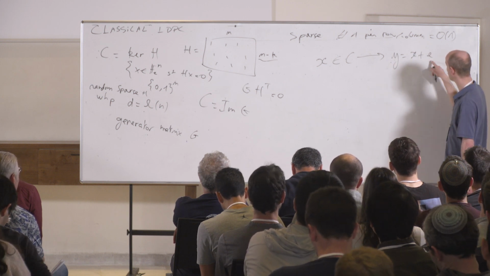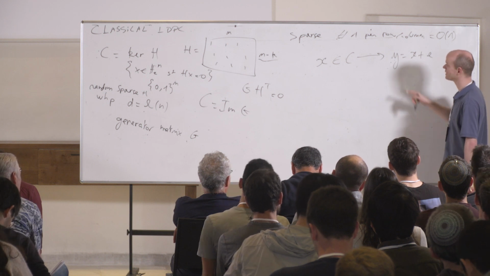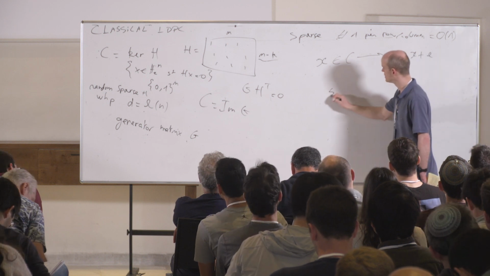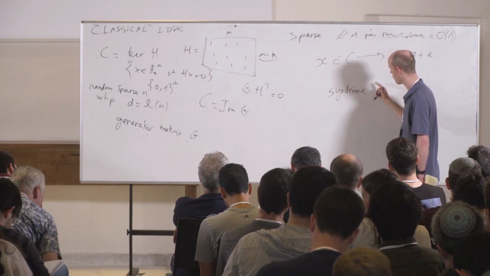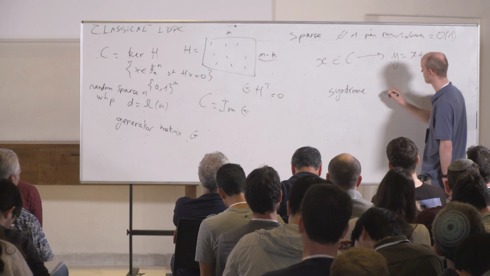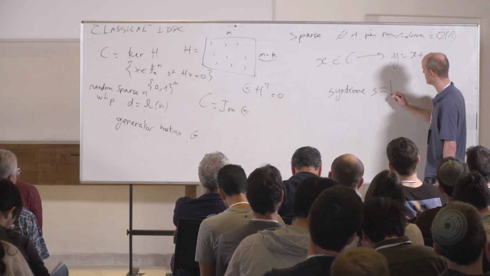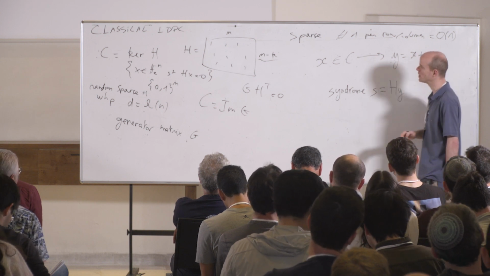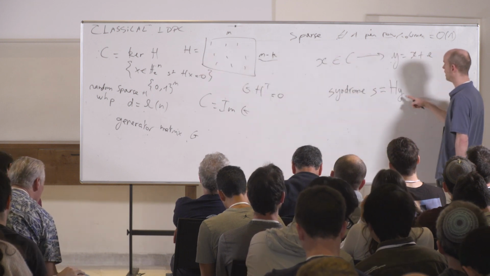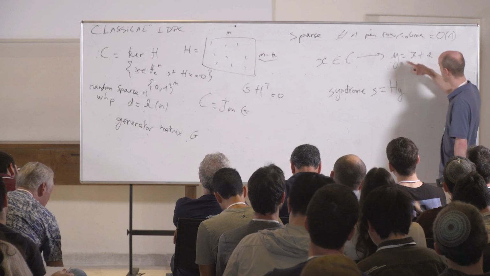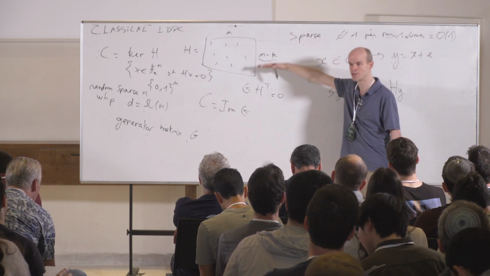So what does he do? He wants to recover X. What he can do is compute the syndrome of Y. The syndrome is just defined as H times Y. You have the parity check matrix that everybody knows, and you just compute this and check whether Y satisfies all these equations or not.